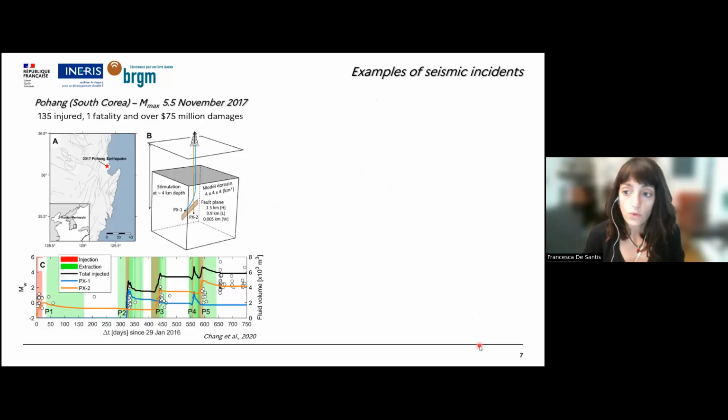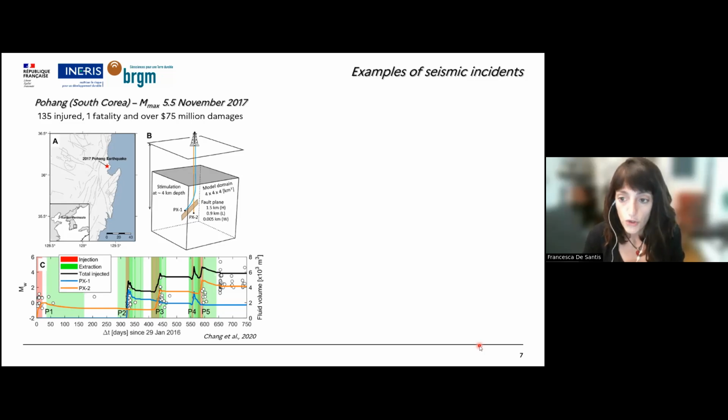Just to give you some examples of seismic incidents, the first example is, of course, related to the seismic activity linked to the geothermal project in Pohang in South Korea.